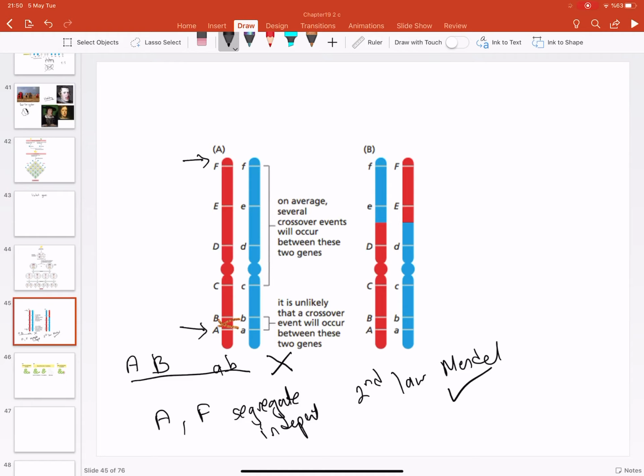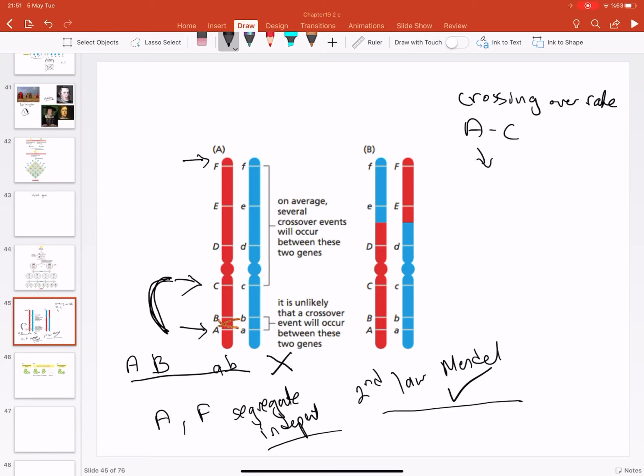Now, let's think about another thing. What is the chance of A and C being separated? Do you think it's going to follow Mendel's second law, segregate independently or not? Now it depends. Sometimes they are going to assort independently, sometimes dependently. So just by measuring the crossing over ratio between A and C, you can also check the physical distance. The crossing over rate between them is equal to their physical distance.